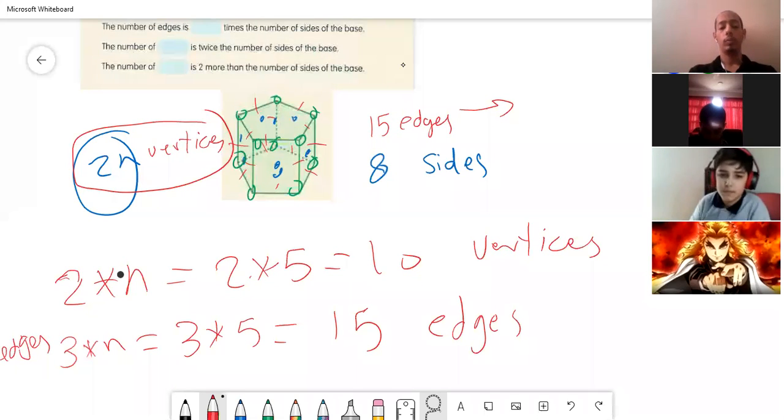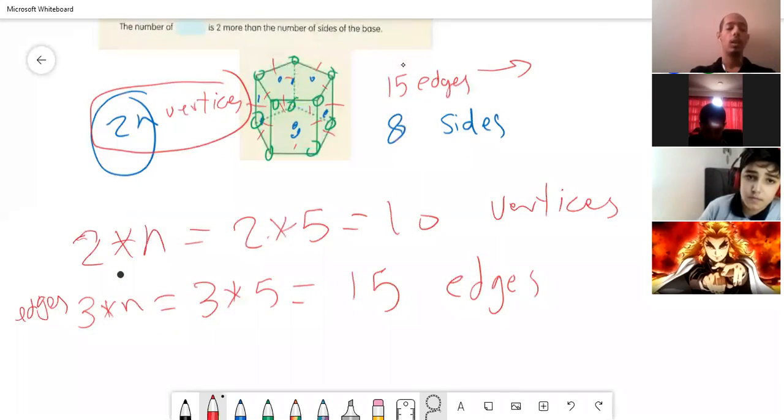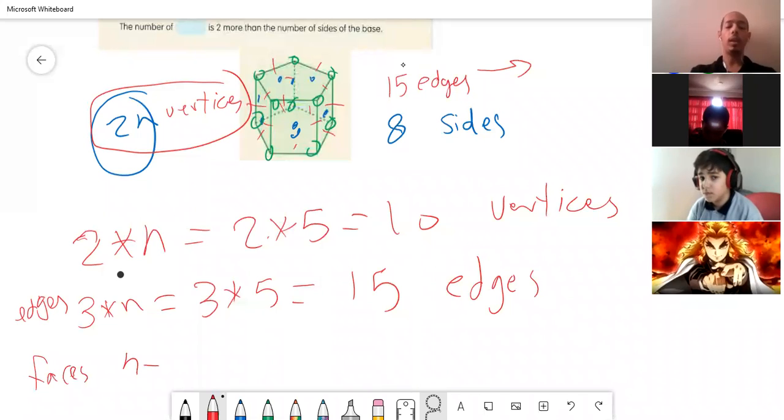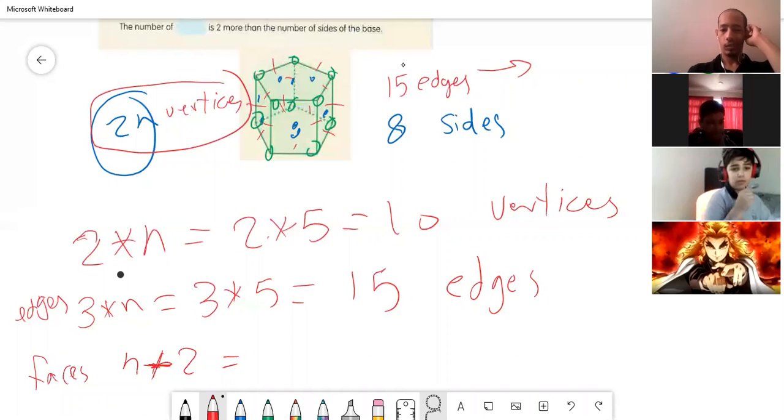Teacher, and faces is n plus 2. N is 5, plus 2, faces is 7. Type.